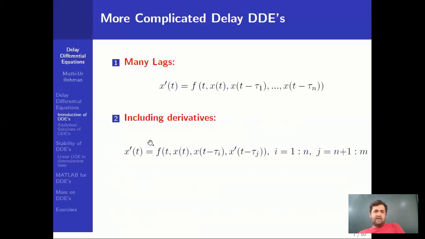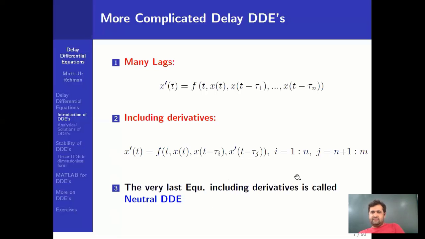Okay, in your delay differential equation we can also have these terms, which are the derivatives at those delays. For instance, I can take this j from n plus 1 to n, so I can have too many delays.